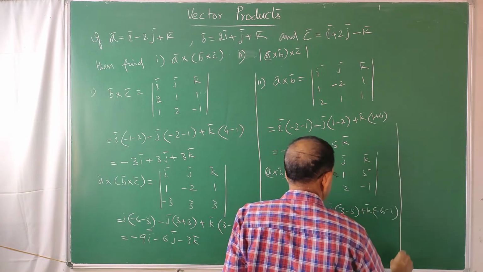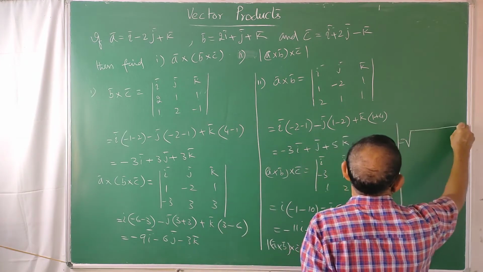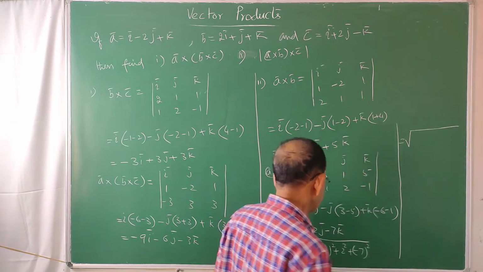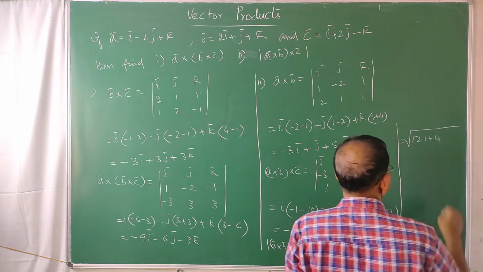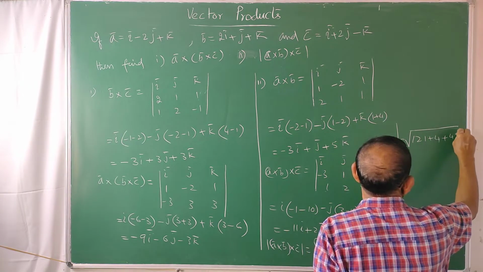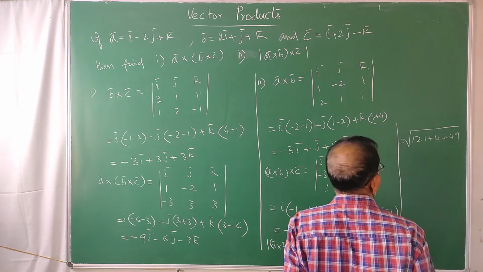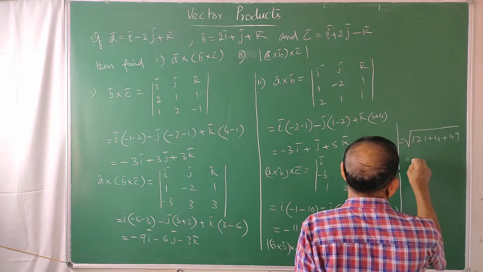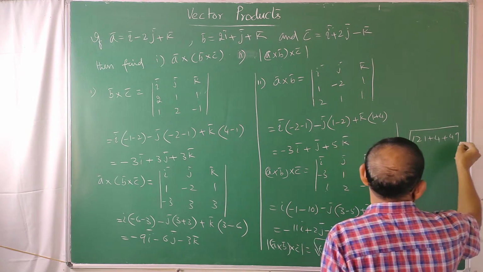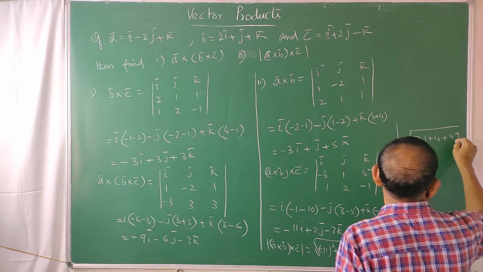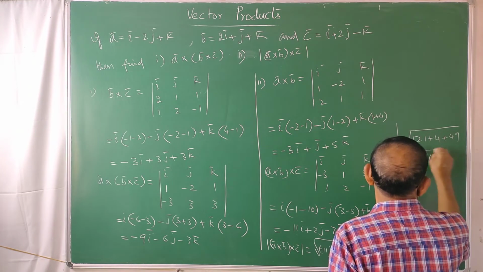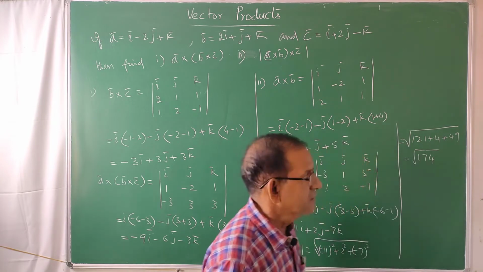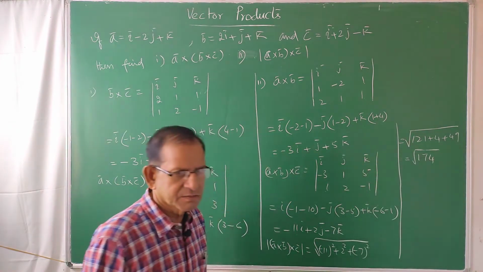That is equal to square root of 121 plus 4 plus 49. 49 plus 1 is 50, plus 120, 174 under root. That is the modulus of a cross b cross c.